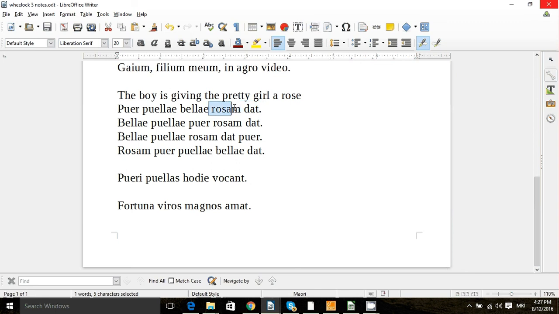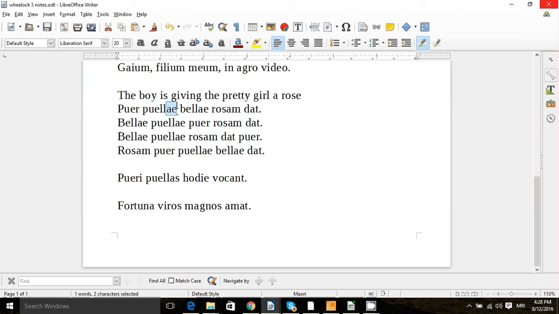A rose, that's in the accusative, so I know it's the direct object of the verb because it's accusative. The boy gives the rose to the pretty girl. That's dative. That ending, ae, there is dative, so it tells you it's the indirect object. So you can put them in any order. All right, let's continue on page 27 with the vocabulary and go through that.